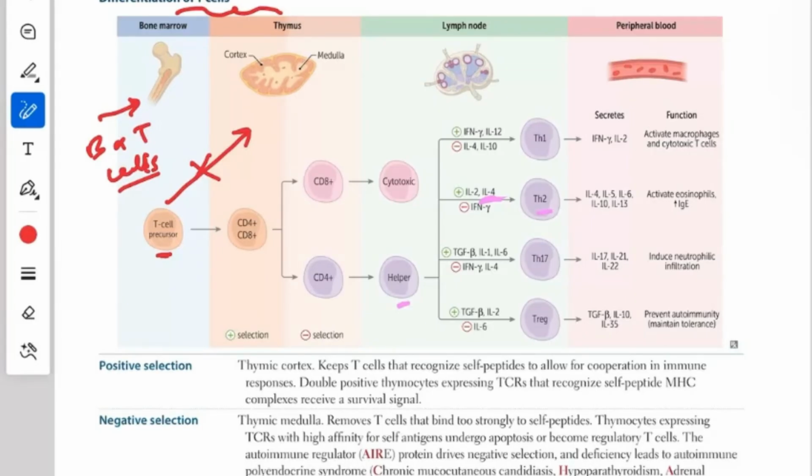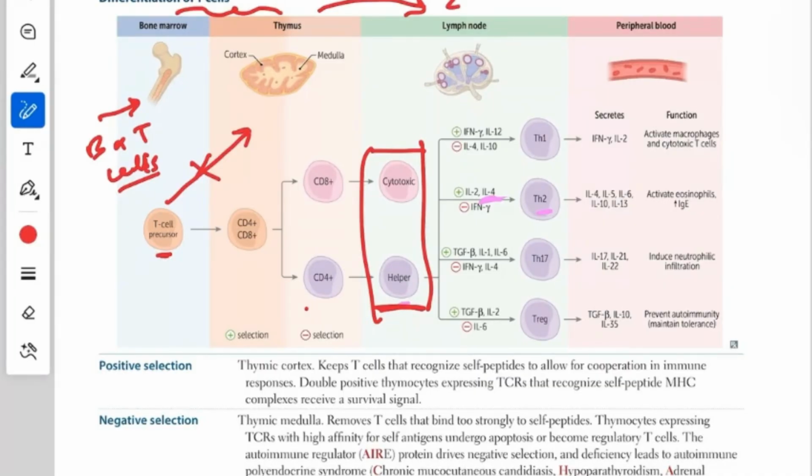Before we move on to the details, once the T cell has become fully developed, that's these cells over here, they will migrate to the lymph node, the secondary lymphoid organ.